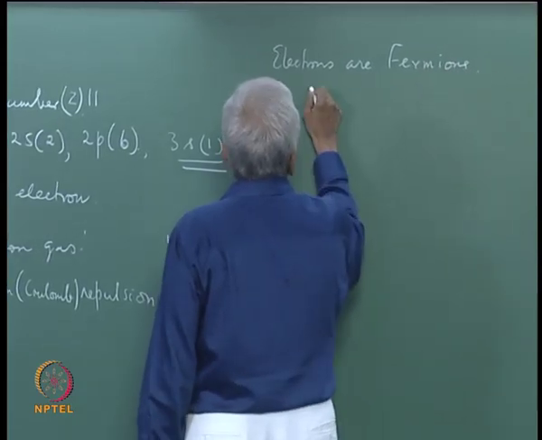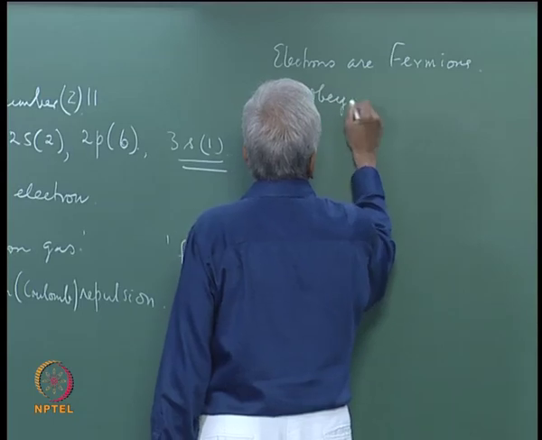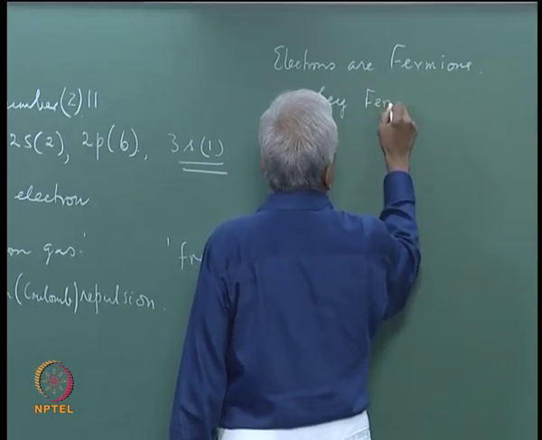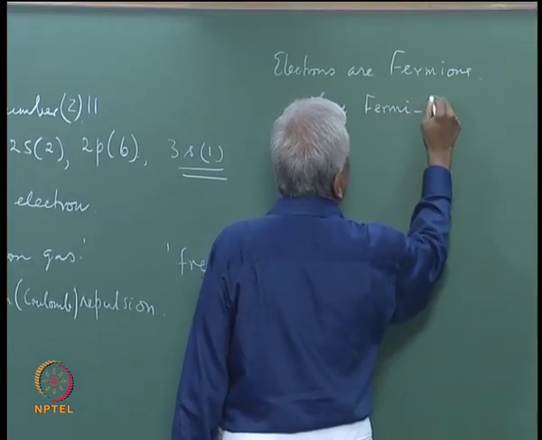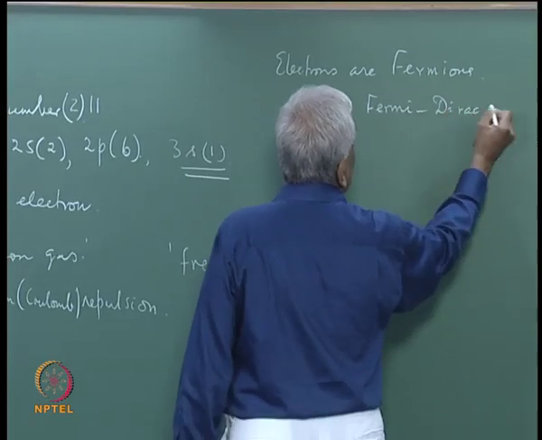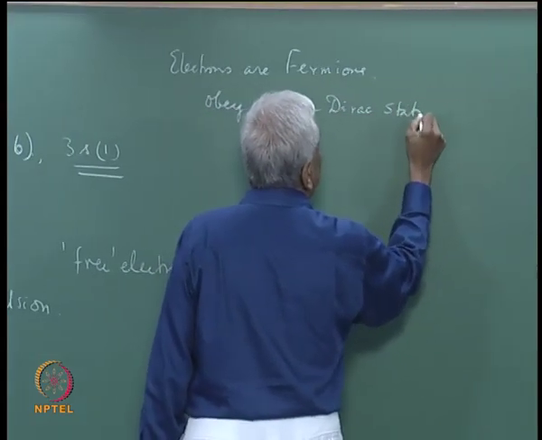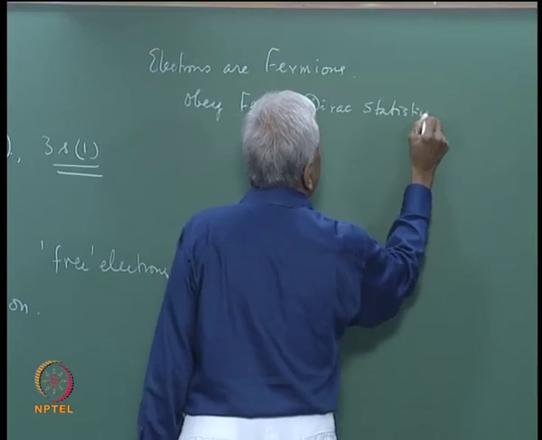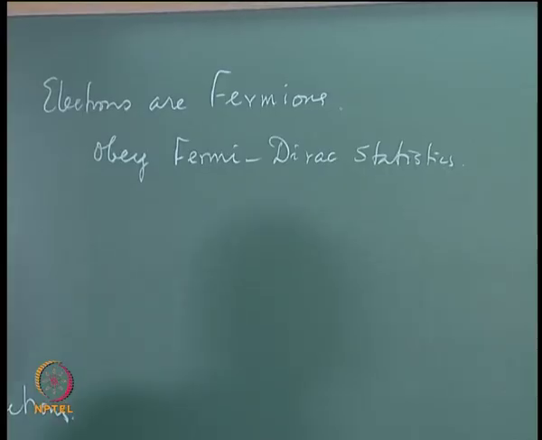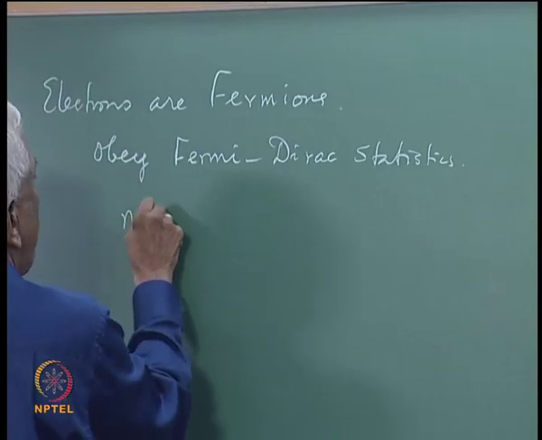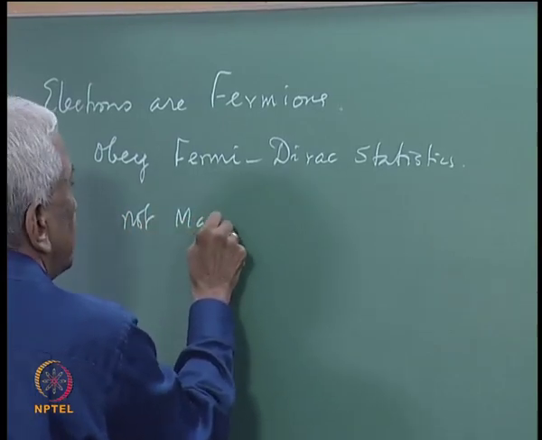Fermions obey so-called Fermi-Dirac statistics rather than Maxwell-Boltzmann statistics.